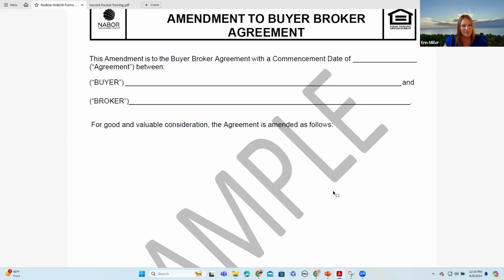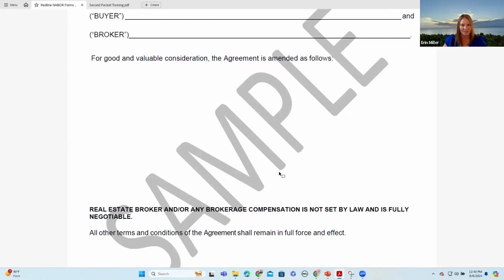So this is an amendment to the buyer broker agreement between buyer and broker, and the agreement is amended as follows. So input the language here regarding whatever terms they'd like to amend in the buyer broker agreement, whether it is compensation, the term, or a protection period or something. But again, it's an opportunity to amend your buyer broker agreement using this form.